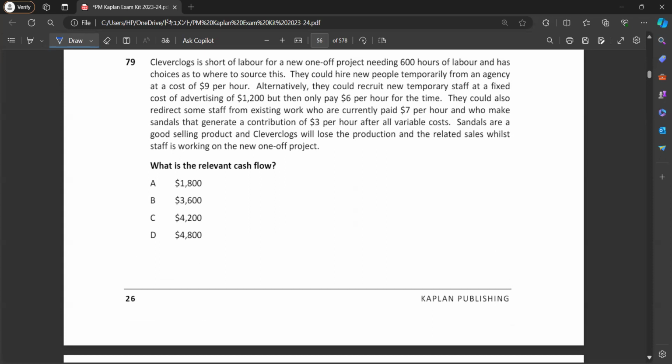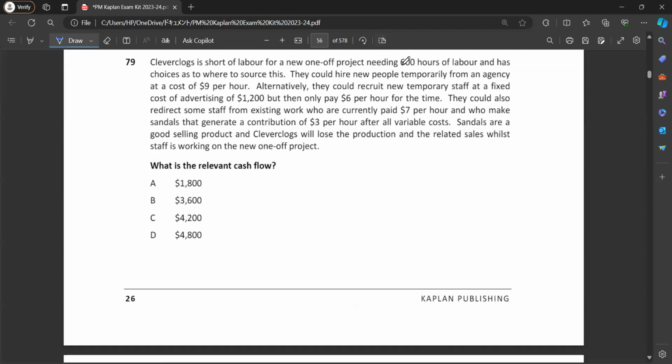Alternatively, they could recruit new temporary staff at a fixed cost of advertising of 1,200, but then only pay $6 per hour for the time. They could also redirect some staff from existing work who are currently paid $7 per hour and who make sandals that generate a contribution of $3 per hour after all variable costs. Sandals are a good selling product and Clever Clock will lose the production and the related sales while staff is working on the new one-off project. What's the relevant cash flow?